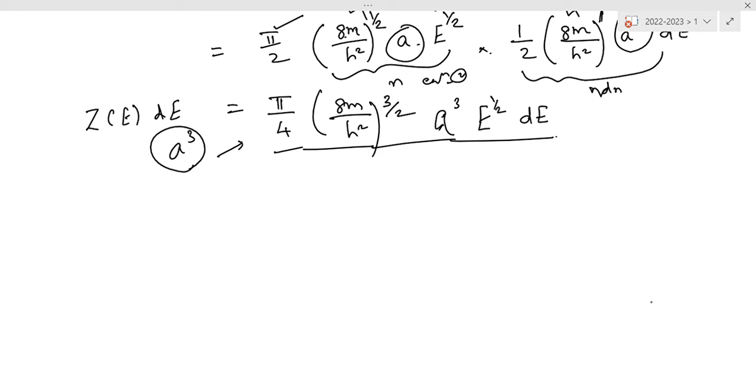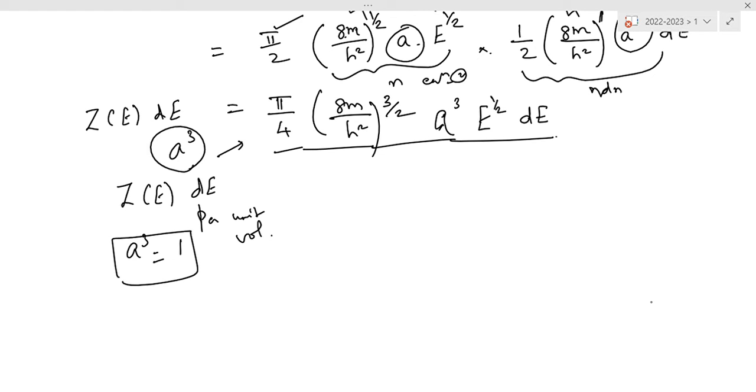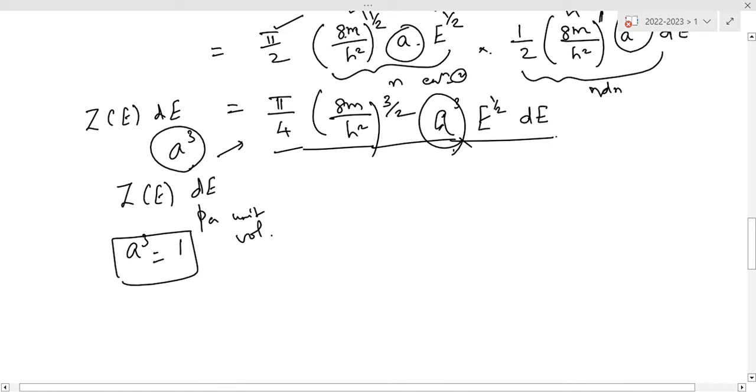And then the density of energy states per unit volume. Per unit volume, that is, if a cube is considered as unit volume, then this is taken as 1.